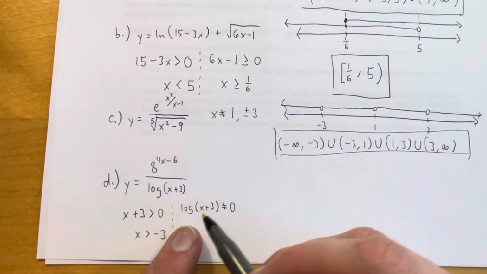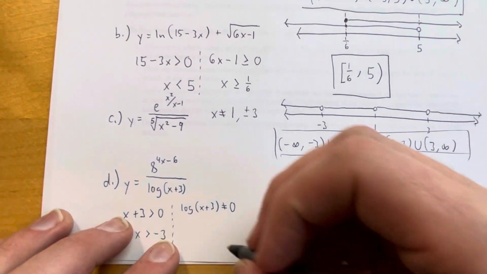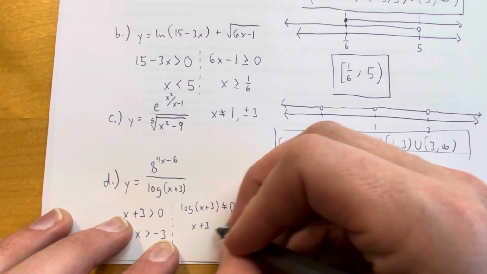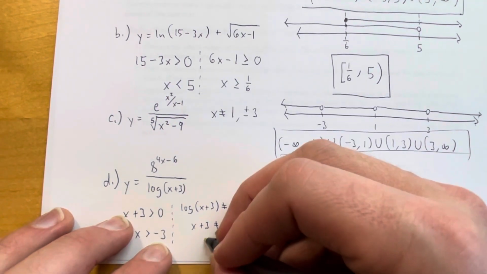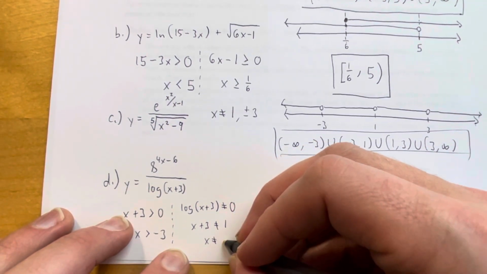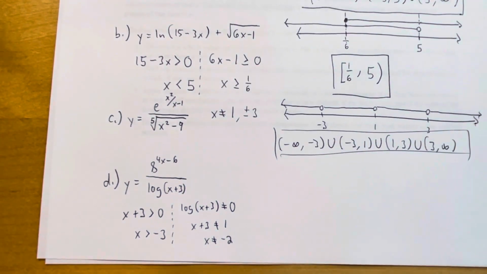Well, logarithms are equal to 0 whenever the thing inside of them is 1. So that would mean that x plus 3 cannot be equal to 1. And solving for this, x cannot be equal to -2. Okay, now -2 is included in this interval.